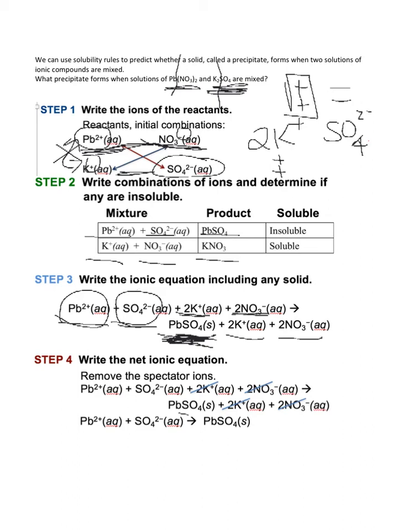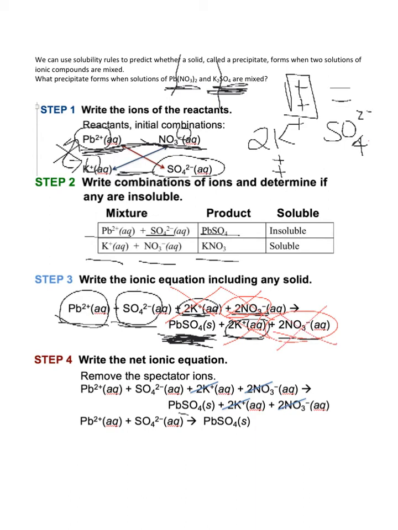Potassium, 2K pluses. There are, on the right side of the arrow, 2K pluses. Those are completely unchanged. So let's use a different color here and cross those out. You've got 2 NO3 minuses here and 2 NO3 minuses here. They are completely unchanged. So let's cross those out.